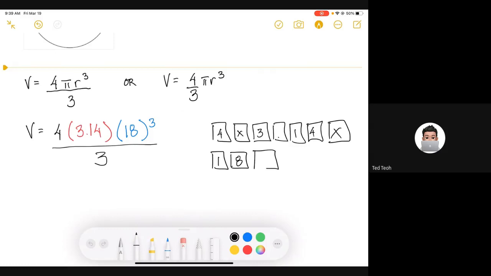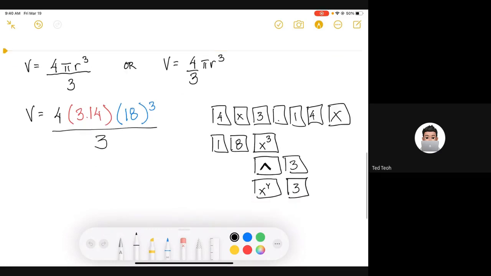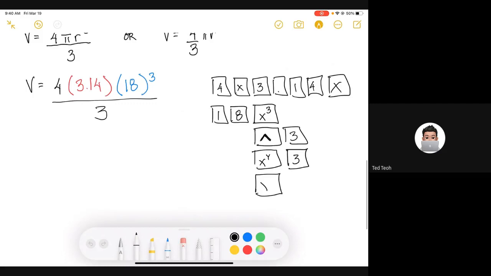If your calculator does not have a cube button, you need to look for this little hut, like the top of a house, a roof button, and then press 3. You might also have an x to the power of y button. You might need to press that button, or there's also this button. It really depends on the calculator you have, but those are the buttons you need to press. Whichever set you have, then you're going to press divided by 3 equals.